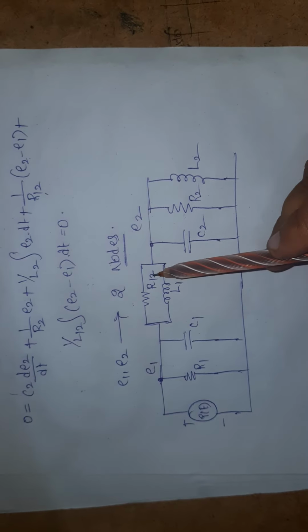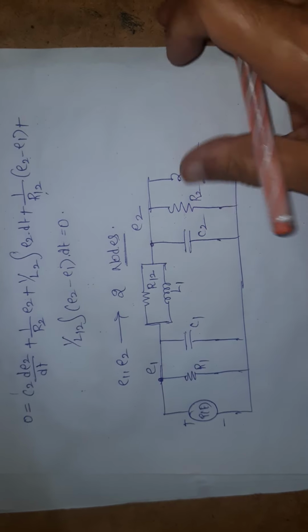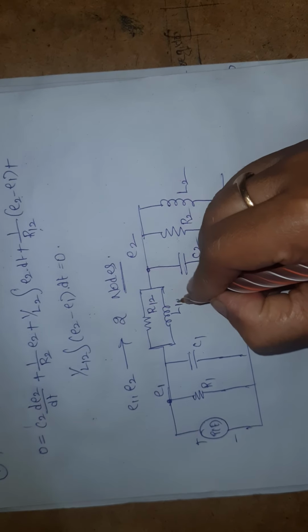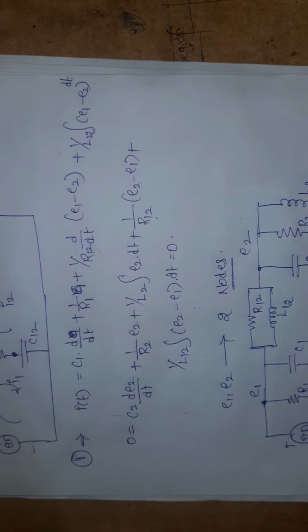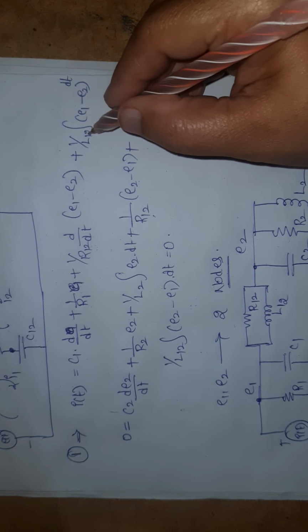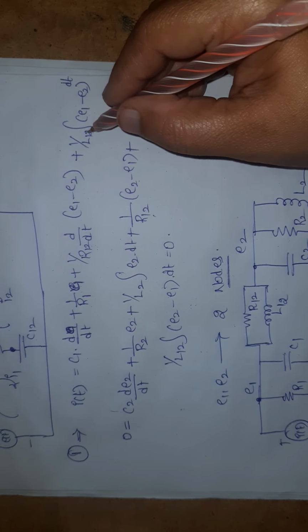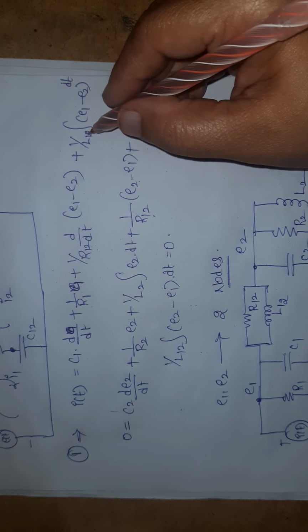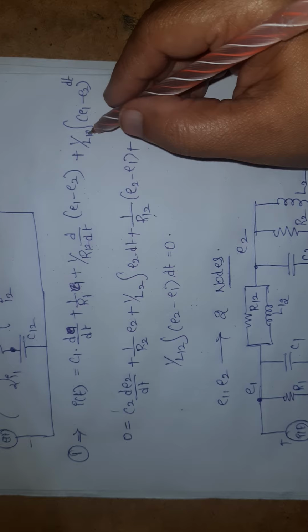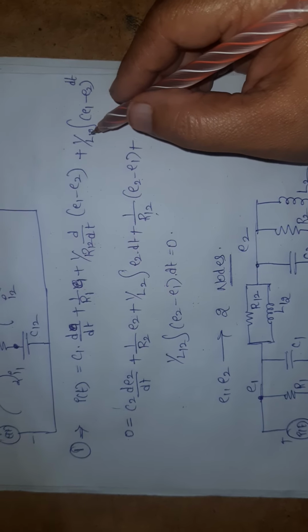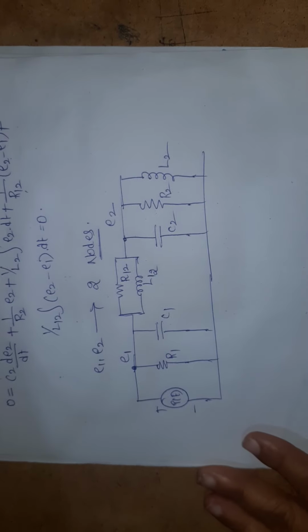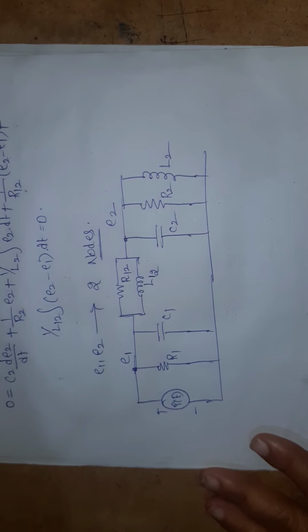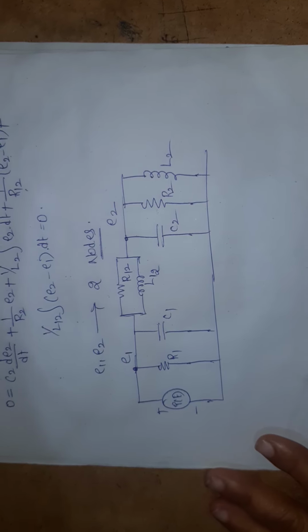So R12, L12. So this is L12. Okay, so this is the force to current analogy. Thank you.